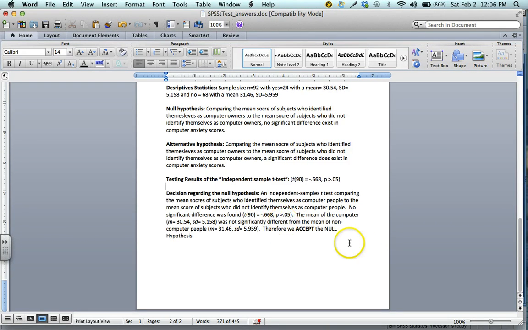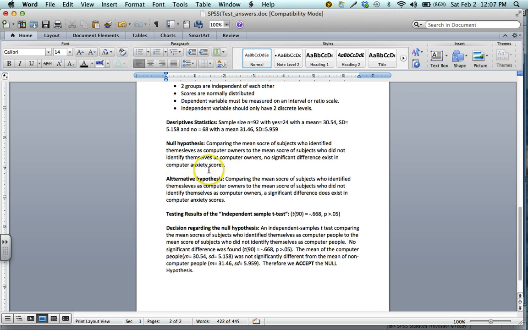The mean of the computer people was not significantly different from the mean of the non-computer people. I might want to put people in here. Sorry about that. Therefore, we accept the null hypothesis, meaning that we're going to accept the null that there's no significant difference.